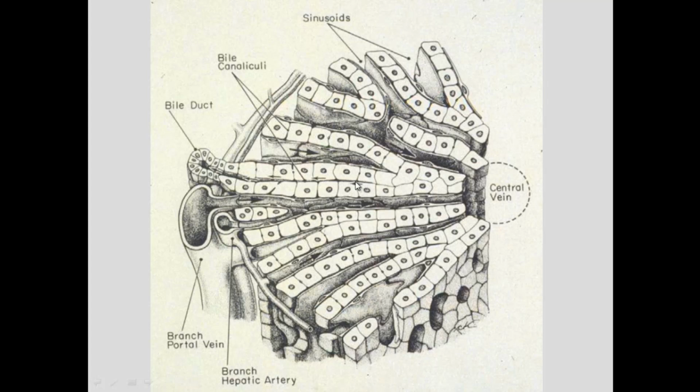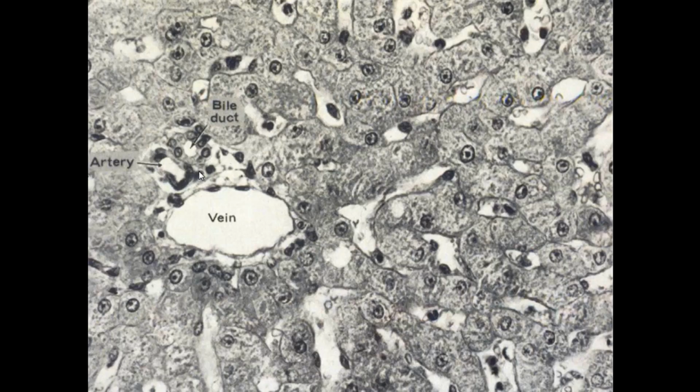However, the bile is in the bile canaliculus, and that goes back toward the portal radicle, opposite from the direction of the blood, and it is in a bile duct for it to be discharged, stored in the gallbladder and then discharged in the small intestines. And here we can see the portal radicle, the bile duct.